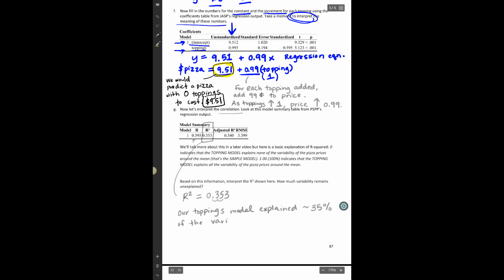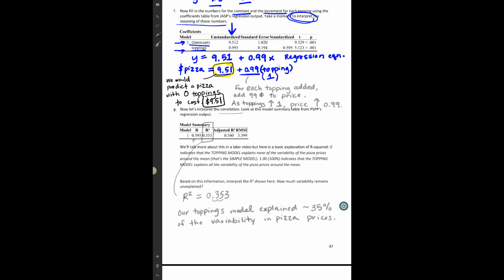So about a third, or a little over a third, of why we see the price differences, the differences in the variability in pizza prices, about a third of that we see is due to toppings, according to our model.